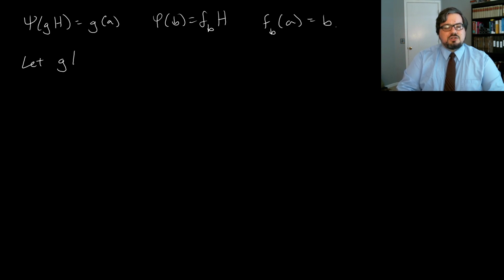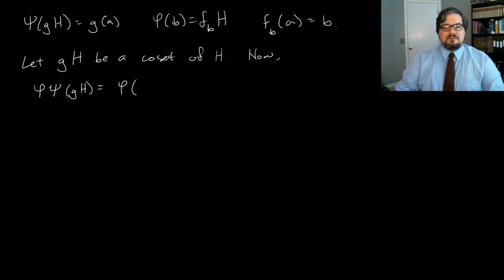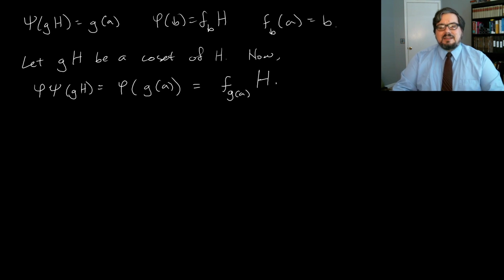Let gH be a coset of H. Then phi(psi(gH)) equals phi of, now psi(gH) by definition is g(A). Now phi(g(A)) is f_{g(A)} times H, where f_{g(A)} is a function that takes A to g(A).